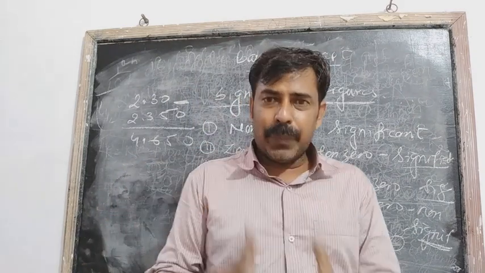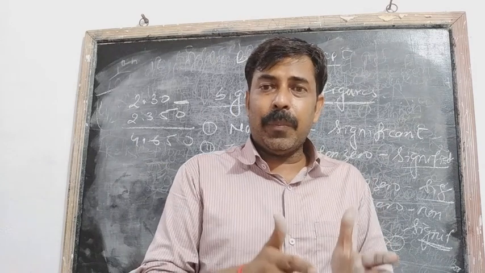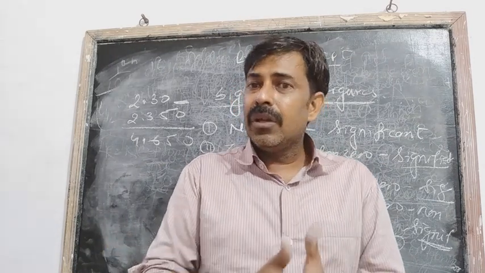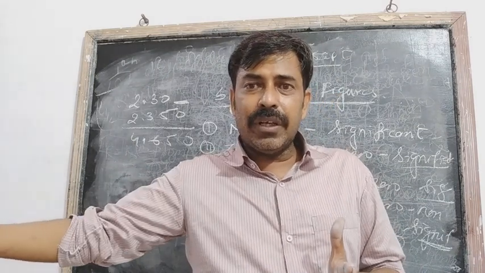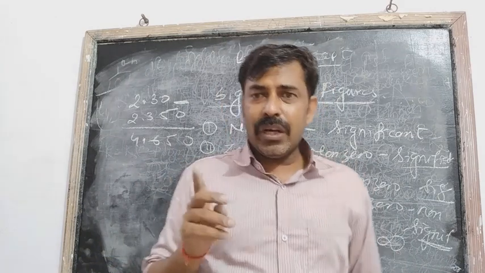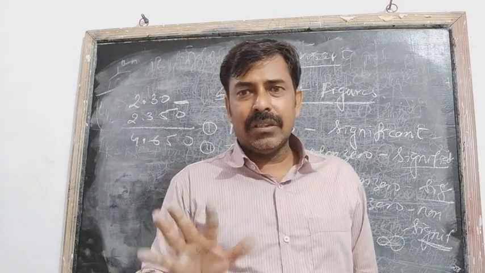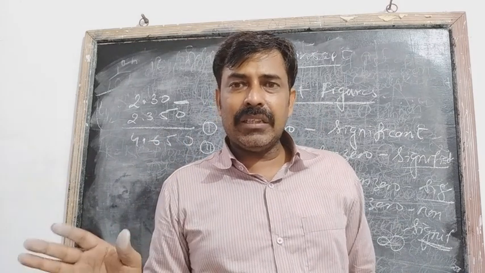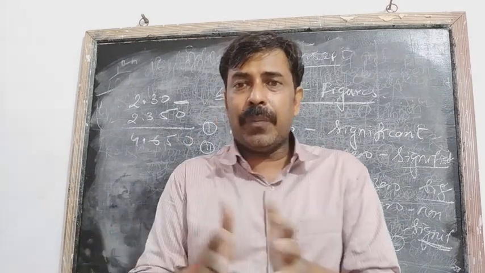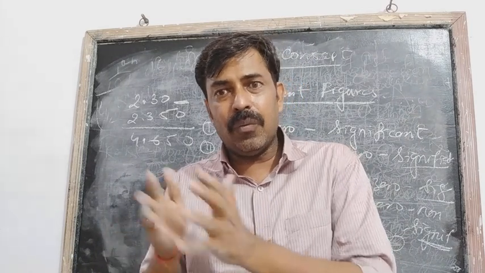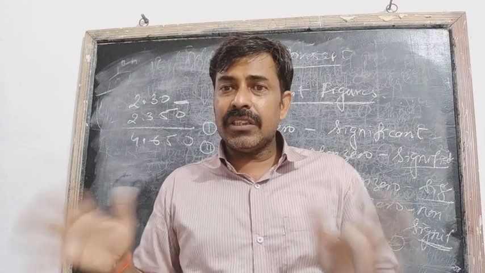Because if I am saying 50 centimeter, that may be 50.0001 centimeter, that may be 50.1 centimeter or something, because that is a measurement. But when we are talking about 50 students, that must be 50 students. You can't imagine that the number of students is 50.25, or 50 and 1 by 2. That condition is not possible.